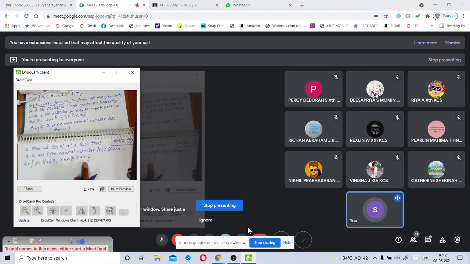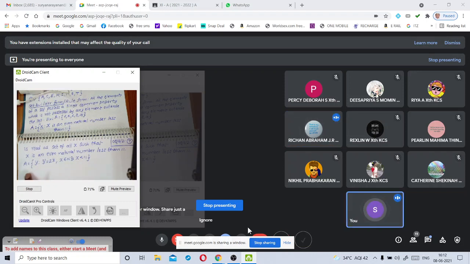See here, my dear children, I represented the same set A in the set builder form like this. How do you read this one? Can you tell me, Richana? How do you read this line?